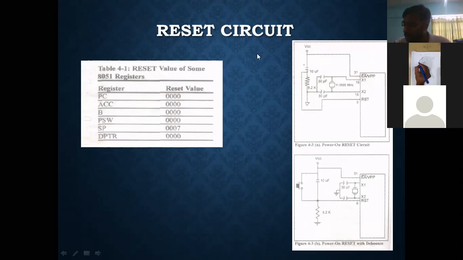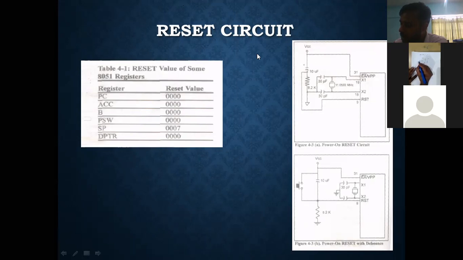Now this is the switch. Whenever this switch is not connected, this capacitor is slowly charged. This R and C is connected to the ground. Clear?